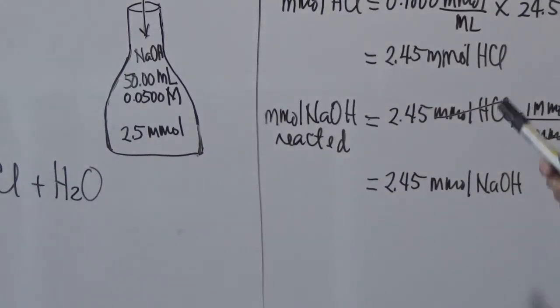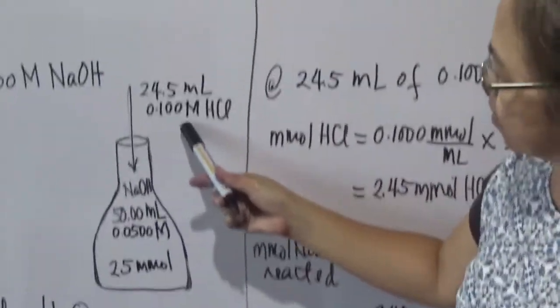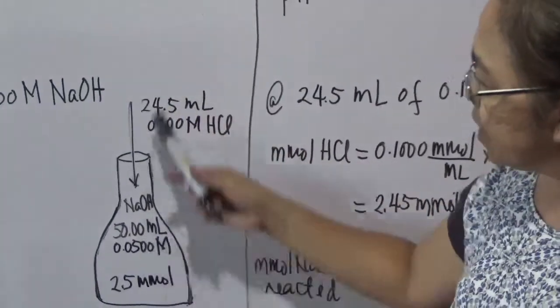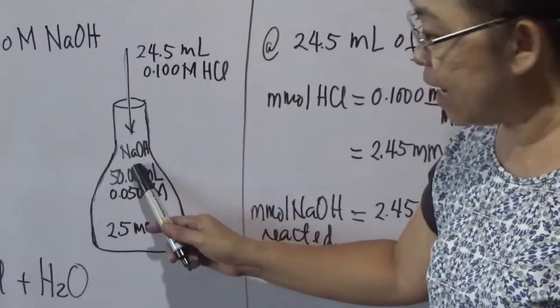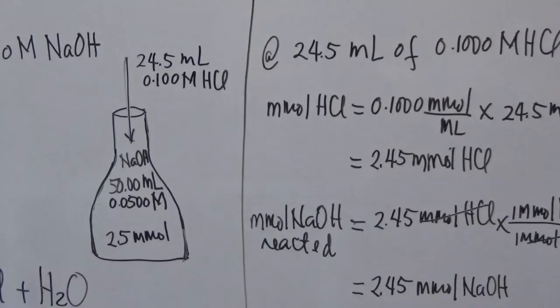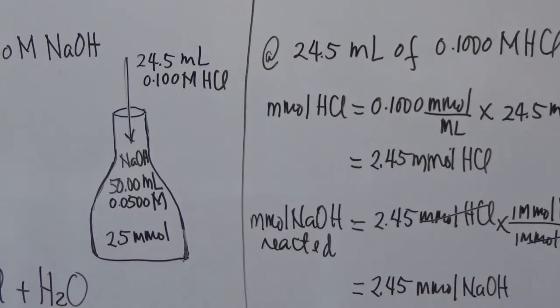So what is in excess after adding 24.5 ml of 0.1 molar hydrochloric acid? What is in excess in the flask is still sodium hydroxide. How much is the excess? You can compute: 2.5 minus 2.45, so that is 0.05 millimole excess sodium hydroxide.